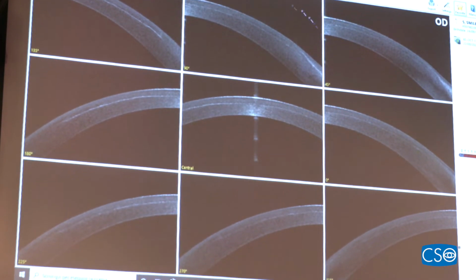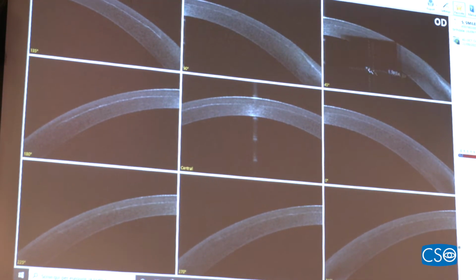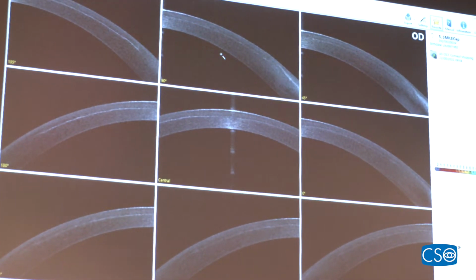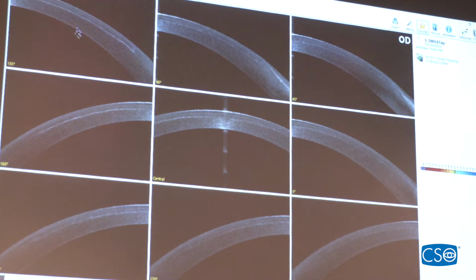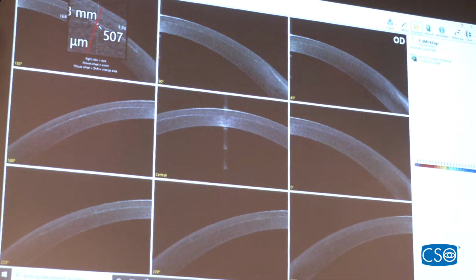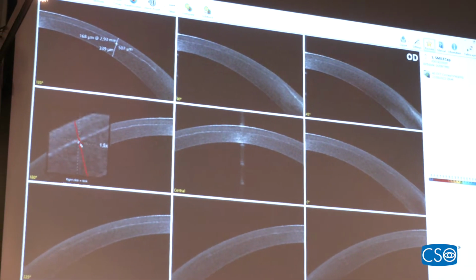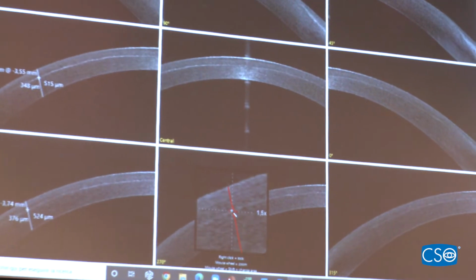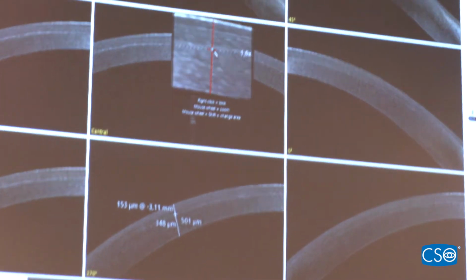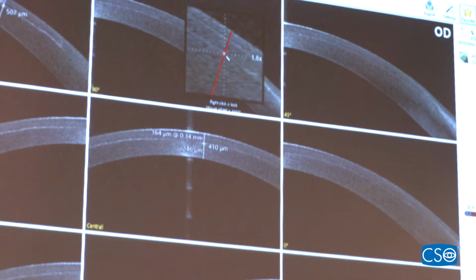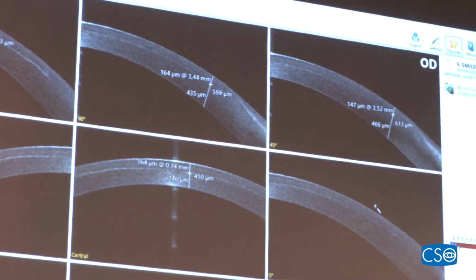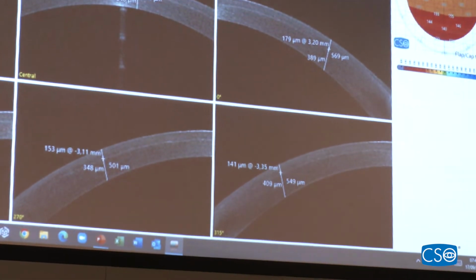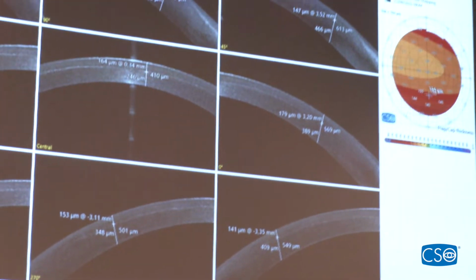This displays the central, superior, inferior, and temporal zones, and you only have to click in one place on each map. I'm going to do this relatively quickly here. Around there, and here, and here, and there, and there. Okay? So this shows me the cap.